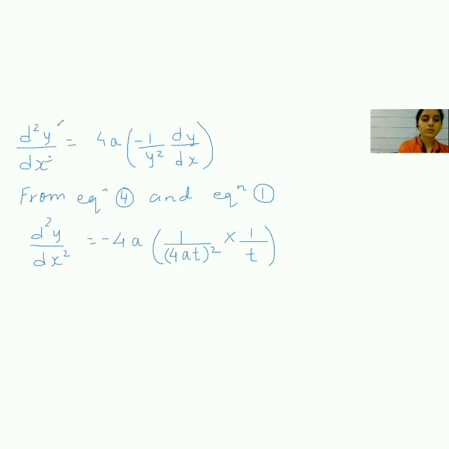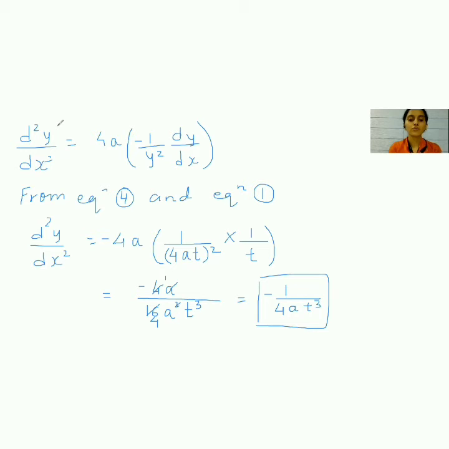Okay, so the final answer will be minus 4a upon 16a square t cube. A cancels, 4 ones are 4, 4 fours are 16. So the answer is minus 1 upon 4a t cube.